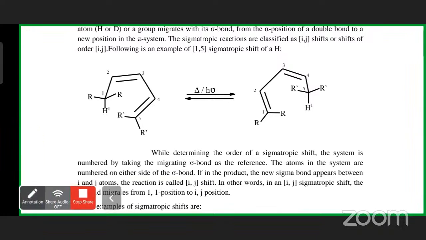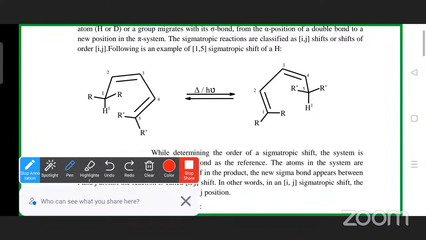So here you see in this particular example, the R group is migrating. Here the R group is hydrogen. So the H1 is migrating from C1 to C5.